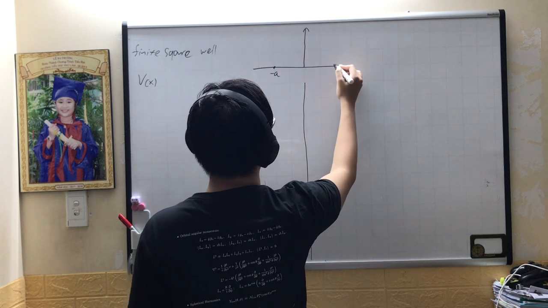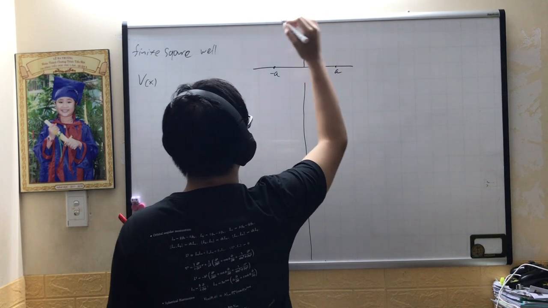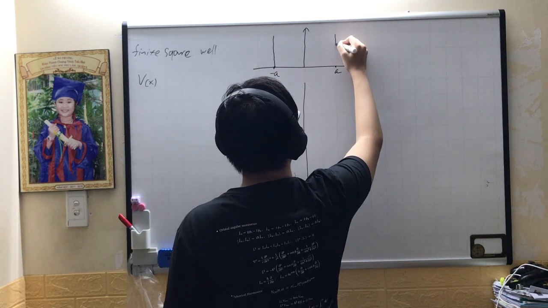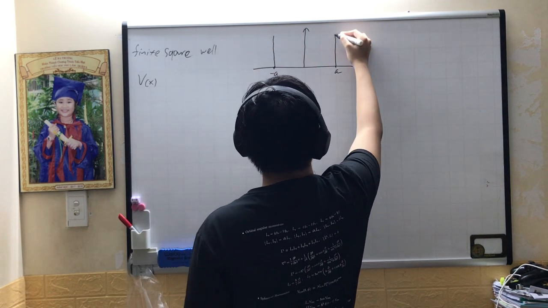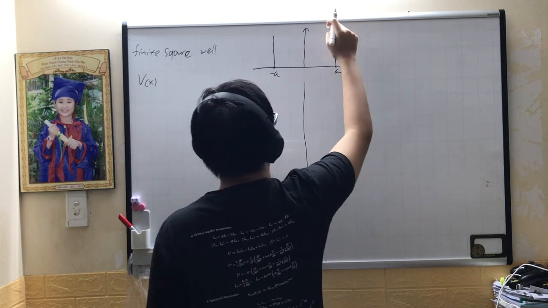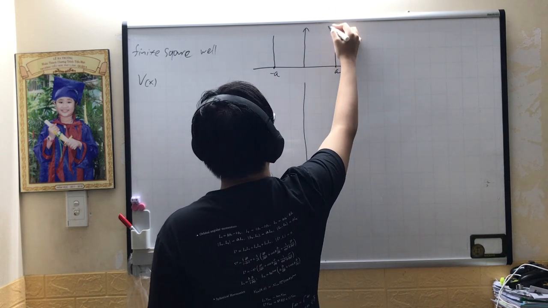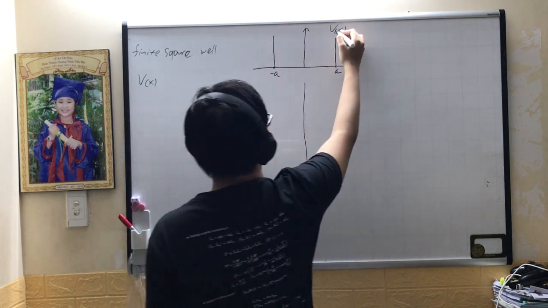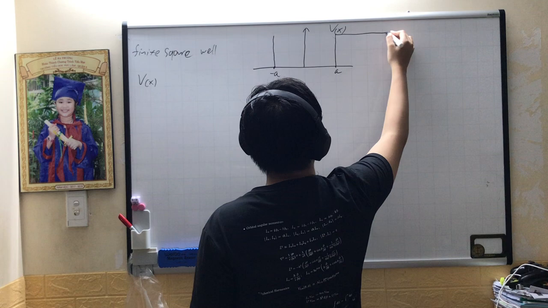So it would go from minus a to a, and if you remember with the infinite square well, this would span to infinity, right? But in this case, instead of going to infinity, it would just go to some number.